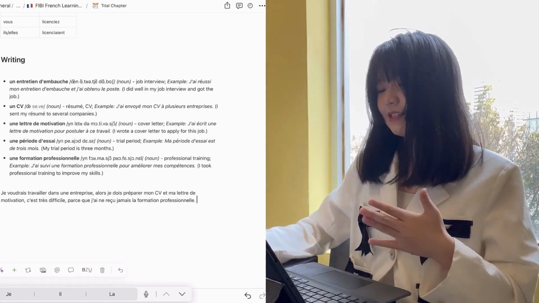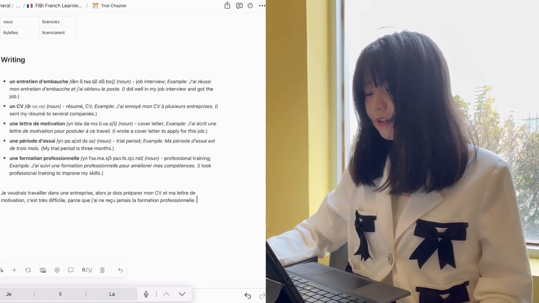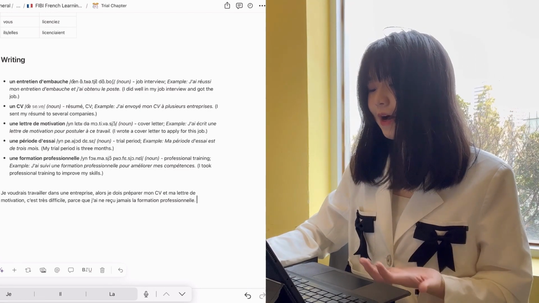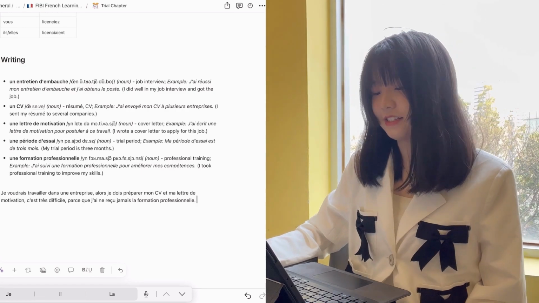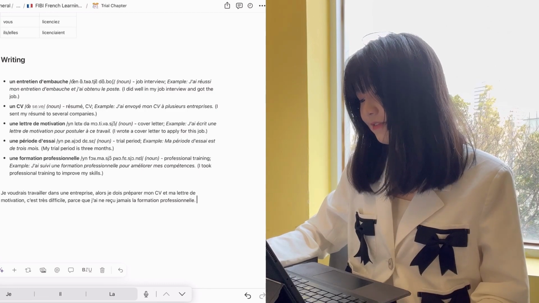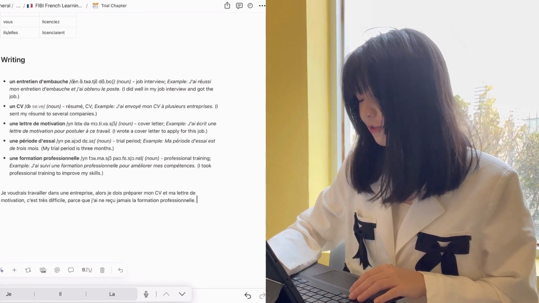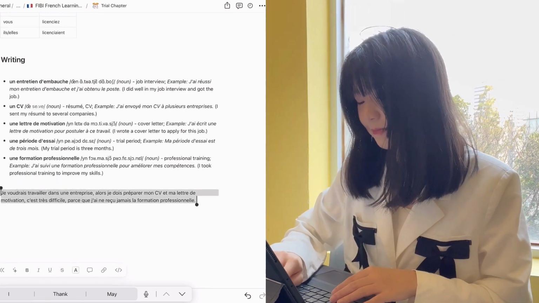So this sentence is about how I would like to work in one company. So I have to prepare my CV and my cover letter, which is really difficult because I've never received any professional training. So I'm going to ask Notion AI to find all the mistakes I made in this sentence.